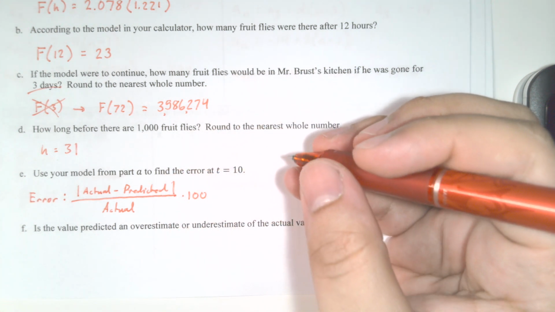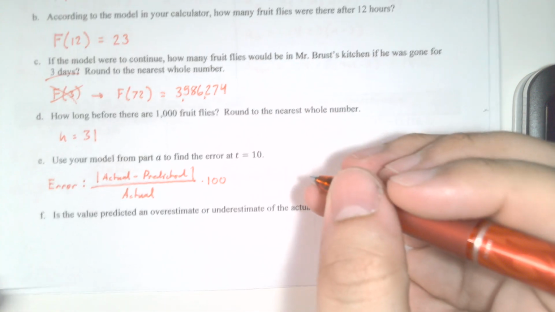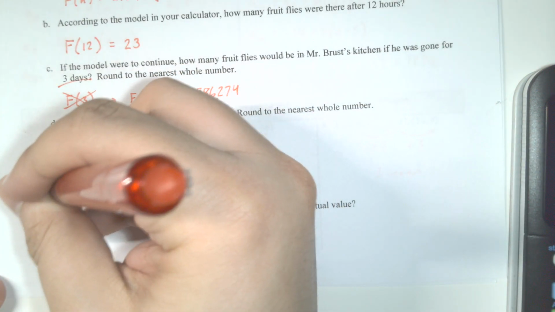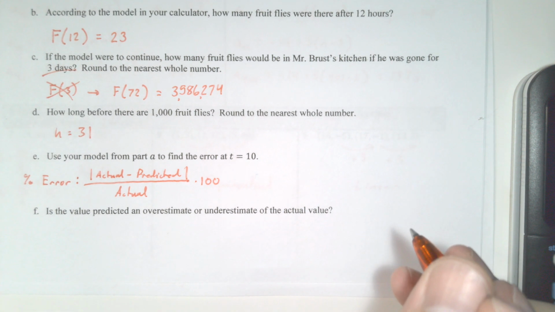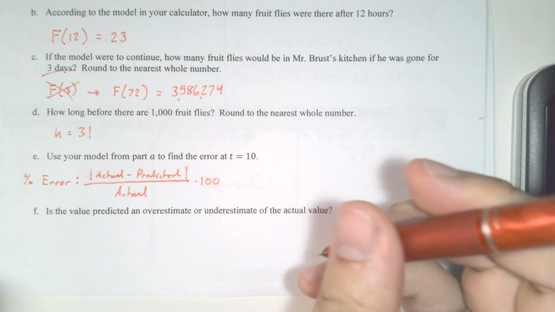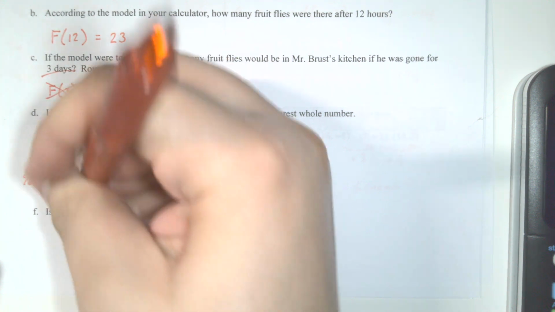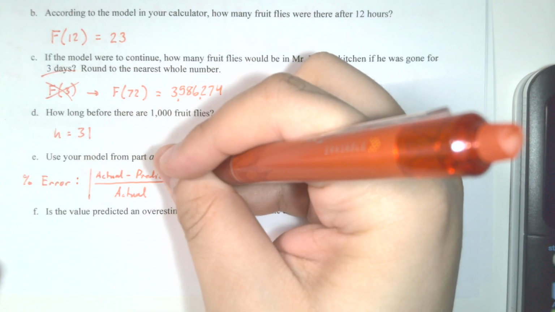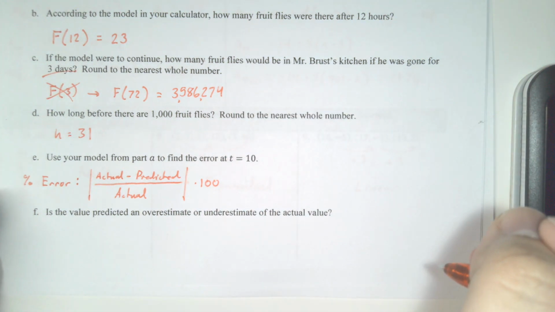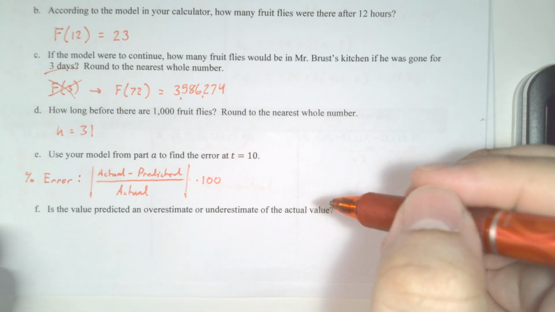This is going to give you your percent error. Those absolute value bars have to extend all the way down. But yeah, this is going to get your percent error.